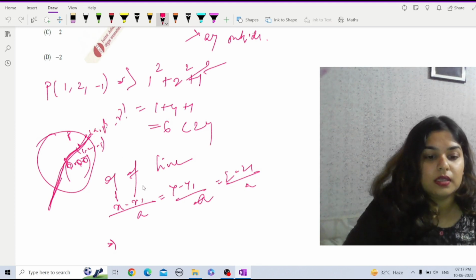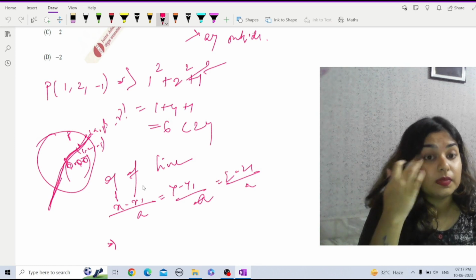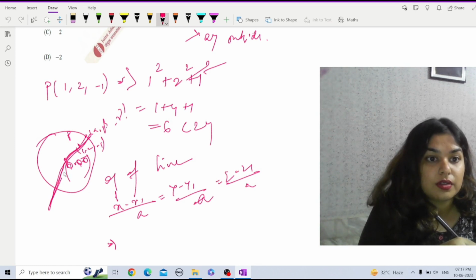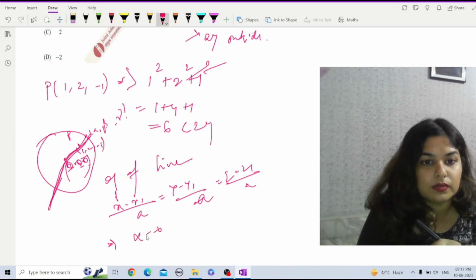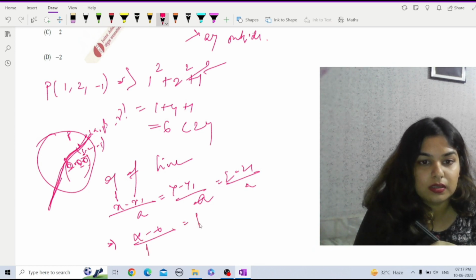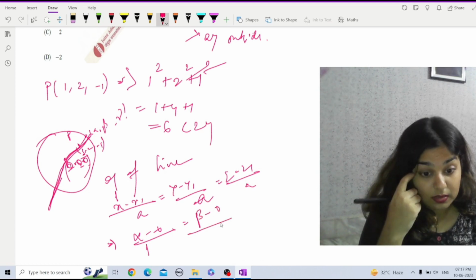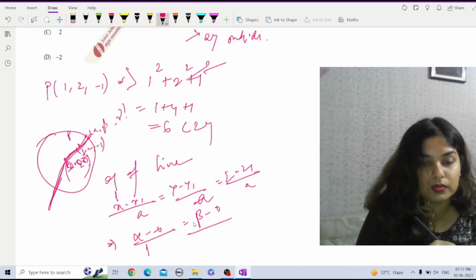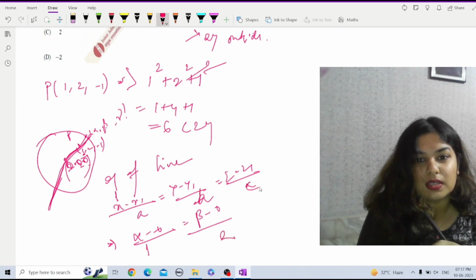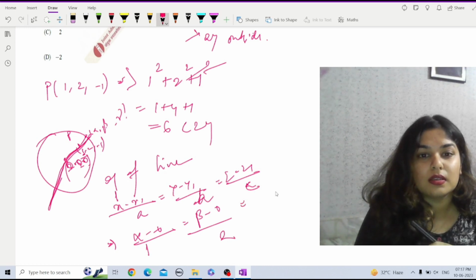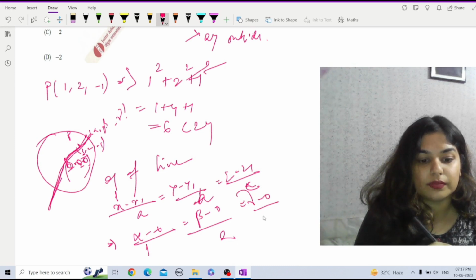So let us say what we got is, and this x1, y1, z1 is our origin point, that is 0, 0, 0. So that is alpha minus 0 by 1, this is point P, equals beta minus 0 by 2, this is a, b, c, and here gamma minus 0 by -1.